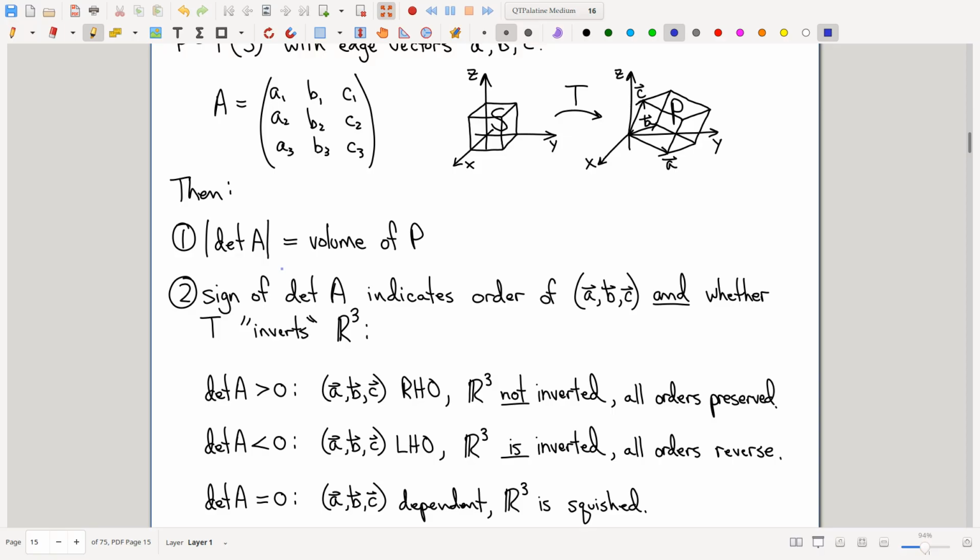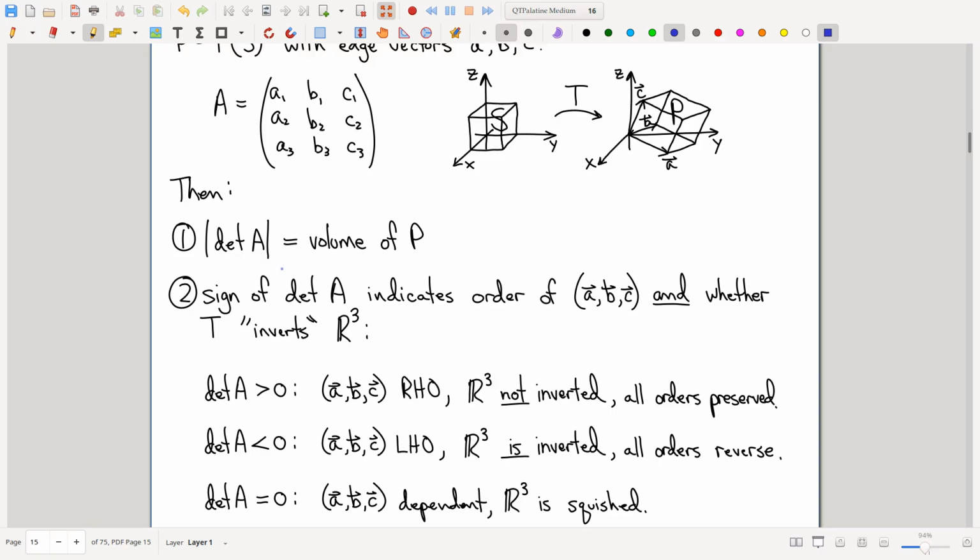And if I had a list over here that was left-handed, a list of 3 vectors, their images would be right-handed. If this determinant is negative, then whatever handedness you have in the domain, you would have the opposite handedness in the target.